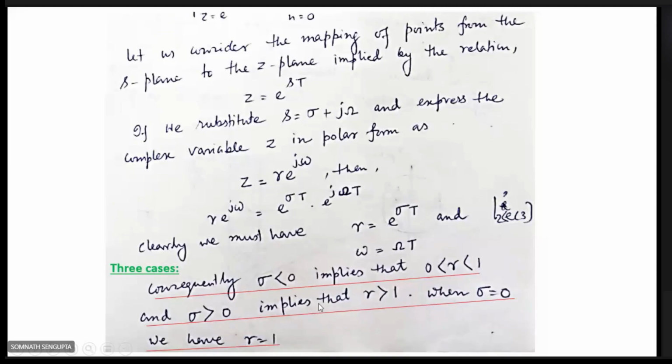All the points lying in the left half S plane are mapped within the unit circle in the Z plane, the points lying on the right hand side of the S plane are outside the unit circle, and the points on the j omega axis, that is sigma equal to 0, lie on the unit circle. Is it clear?